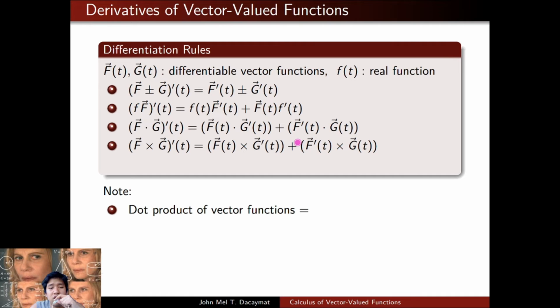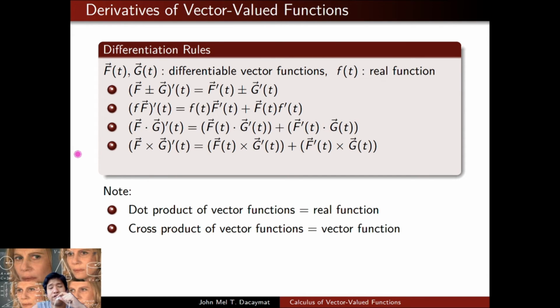Some notes: if you take the dot product of two vector valued functions, the answer is a real function. But when you do a cross product between two vector functions, you get another vector function. And the last one is our chain rule, capital F composed with small f. This is its derivative.